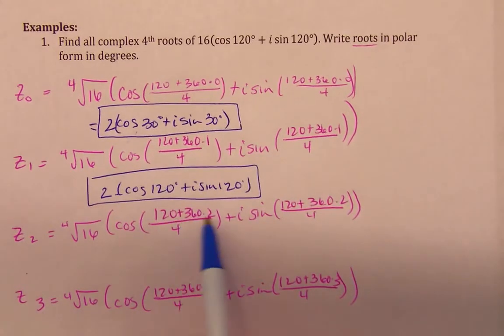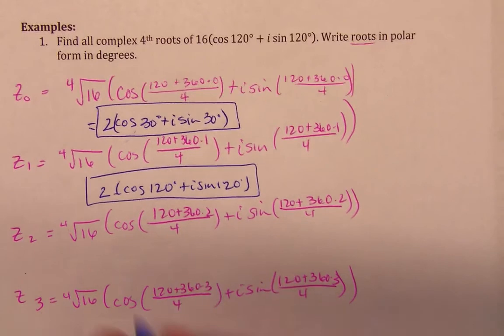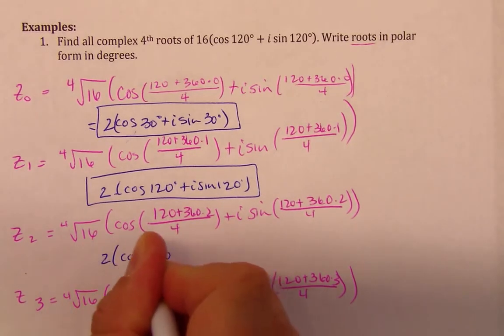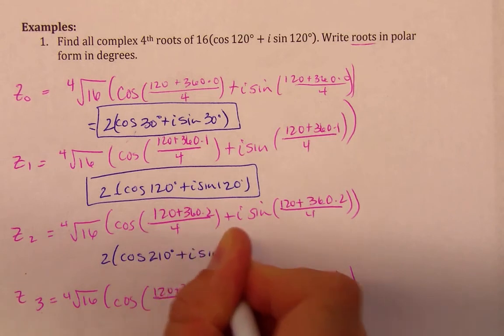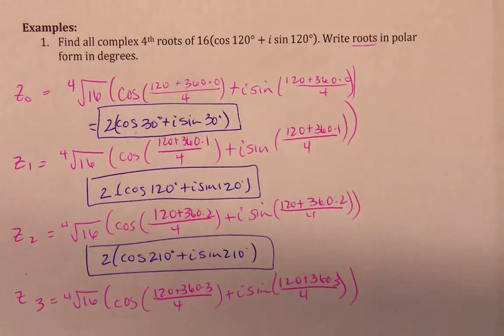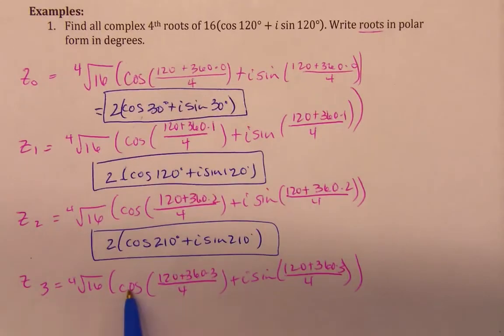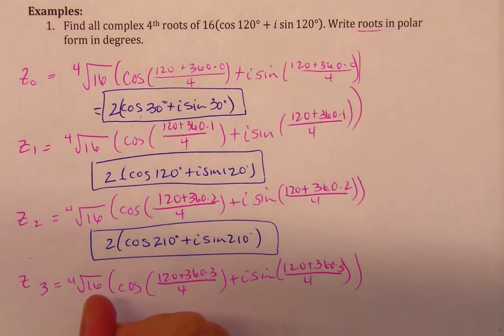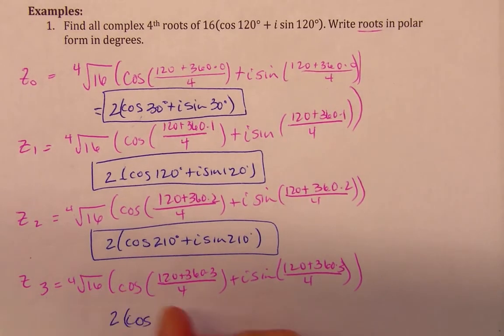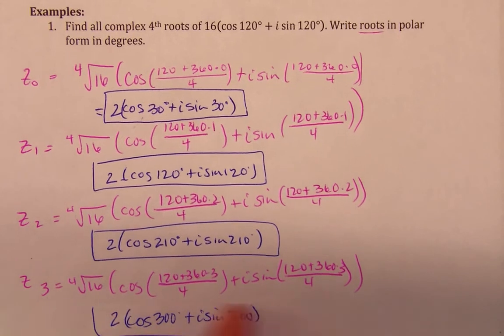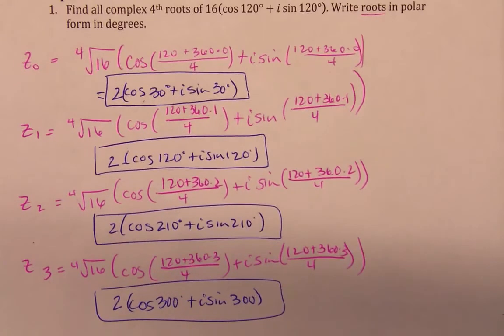And 120 plus 360 times 2 divided by 4 is going to give me 210. And then we have 120 plus 360 times 3 divided by 4. We have 2 cosine 300 plus I sine 300. And those are our 4 roots.